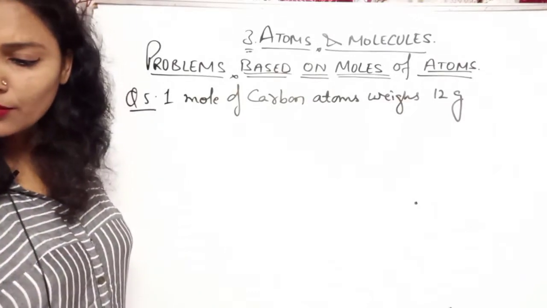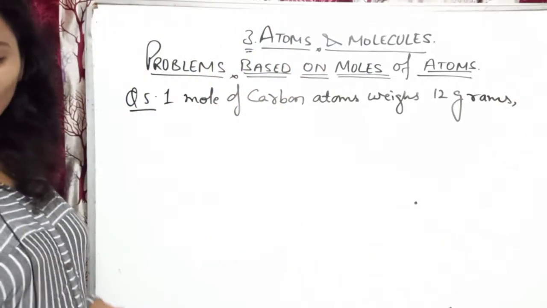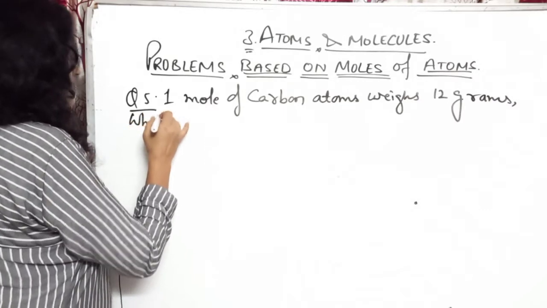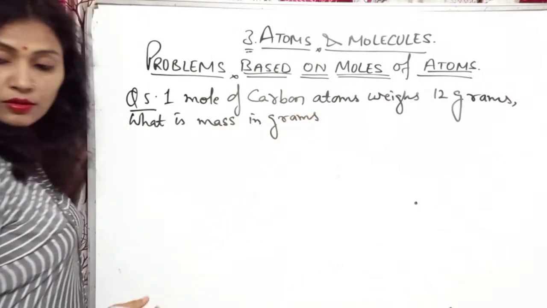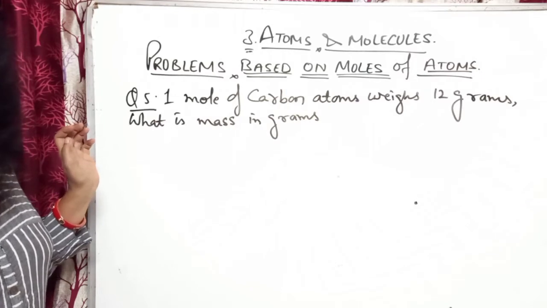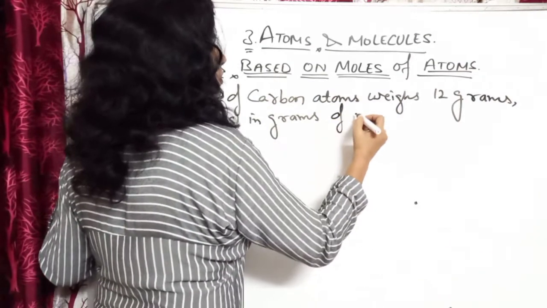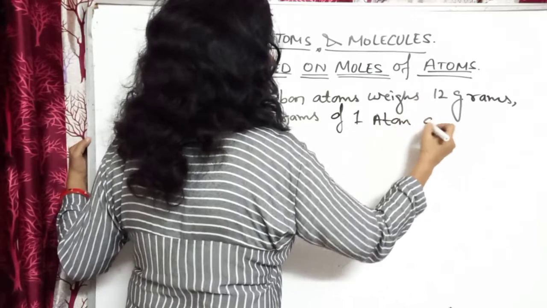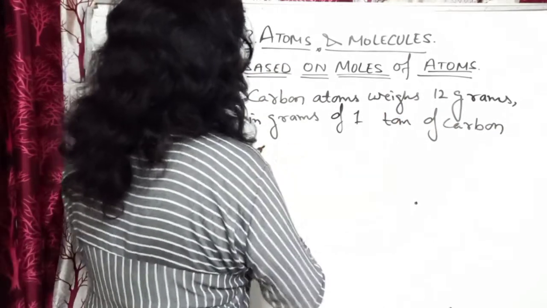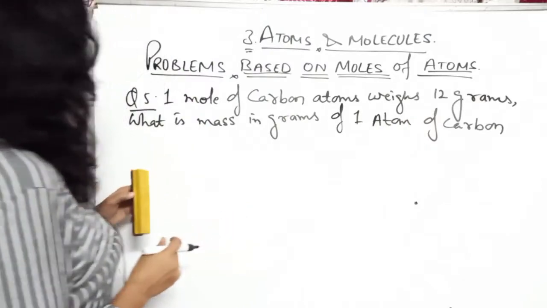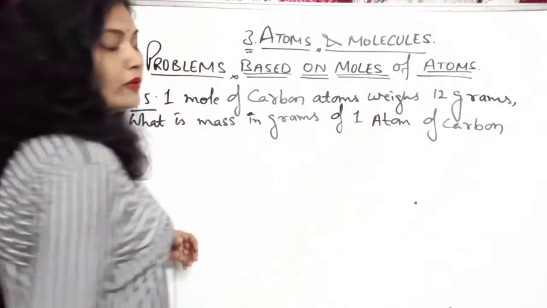Then what is the mass in grams of 1 atom of carbon? 12 gram weight contains 1 mole. Now what is the mass in grams of 1 atom of carbon?